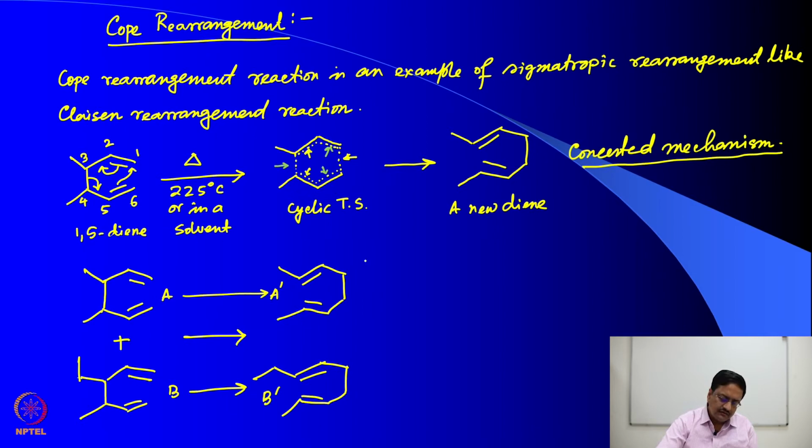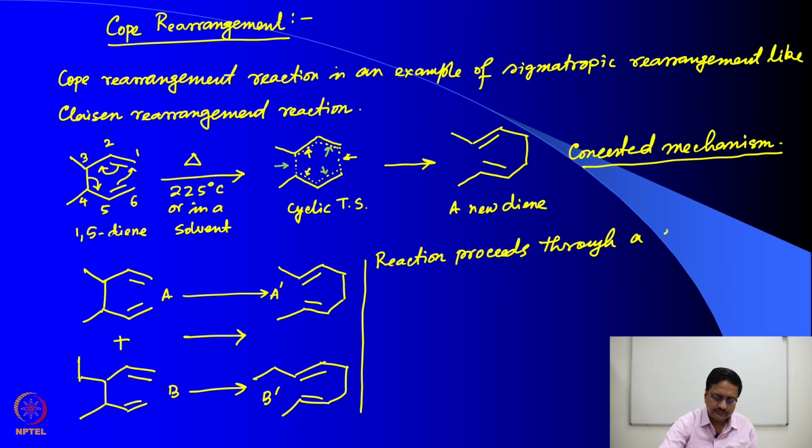So, this particular reaction proceeds through a cyclic transition state as we have already seen, and the TS in general adopts a chair conformation.